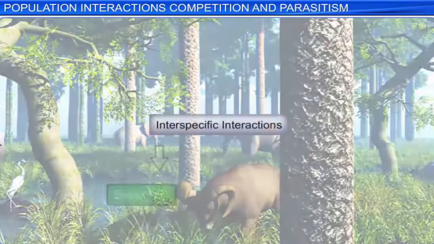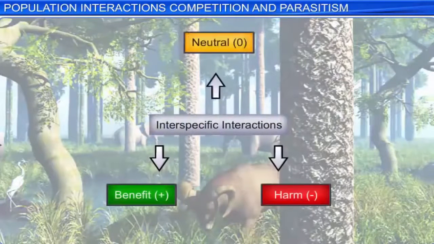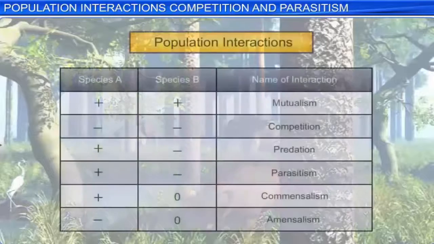Such interactions may benefit, harm, or have a neutral effect on one or both species. Using a plus sign for beneficial interaction, a minus sign for detrimental or harmful interaction, and 0 for neutral interaction, the possible outcomes of the interspecific interactions are shown in the table.